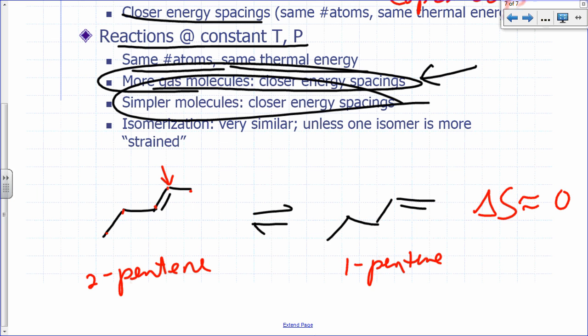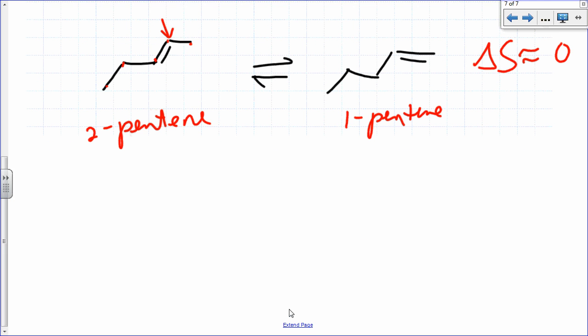Okay? But if one isomer is more highly strained compared to the other, for example, something like maybe this, okay? What is this one on the left? 1, 2, 3 carbons, C3H, instead of 6, since this is a double bond, one unsaturation, C3H6, right?